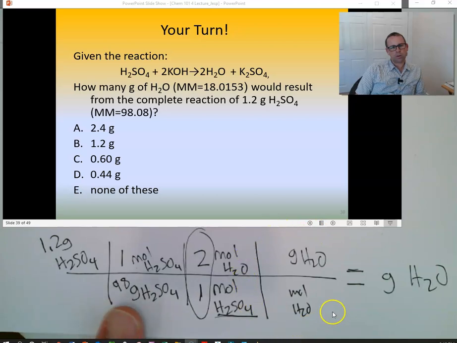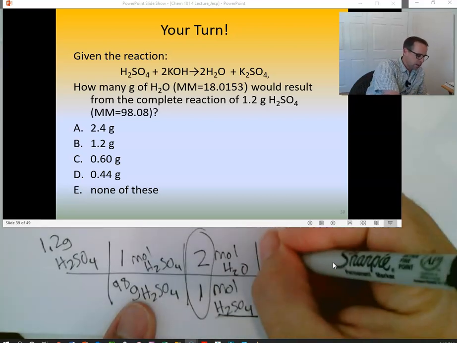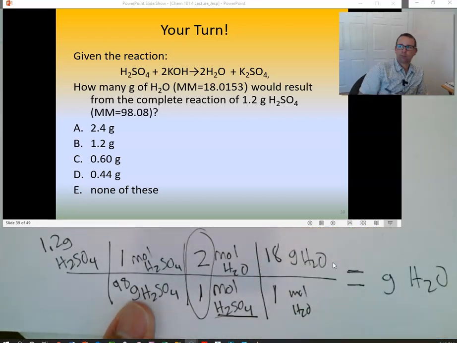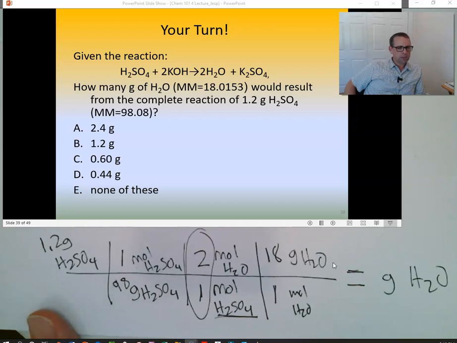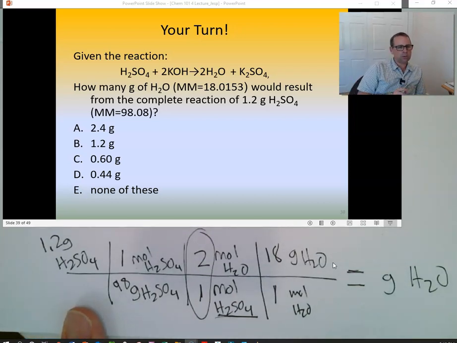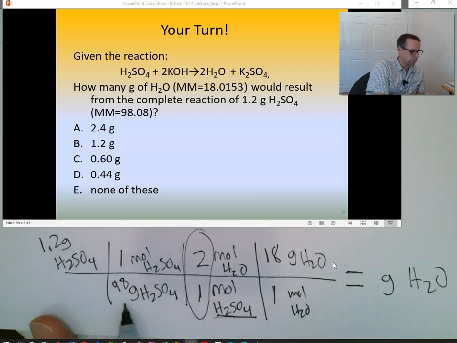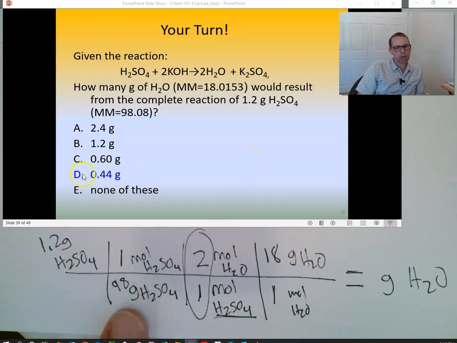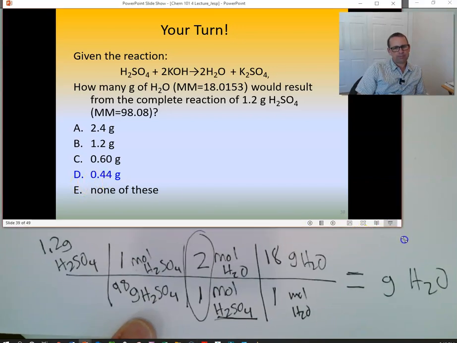So we have the mass of 18. 18 grams for every 1 mole. Very good. So I'll leave the calculator up to you folks at home, but multiplying that out should give us 0.44 grams. Okay, excellent job.